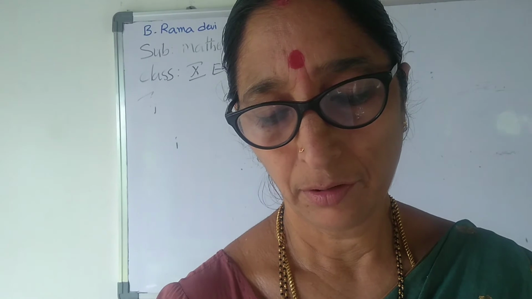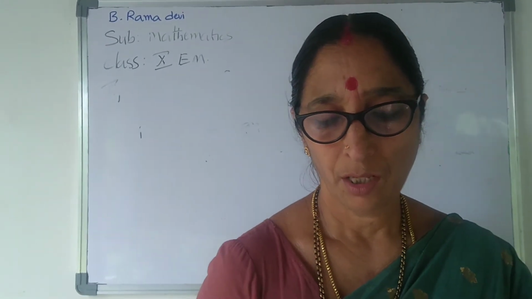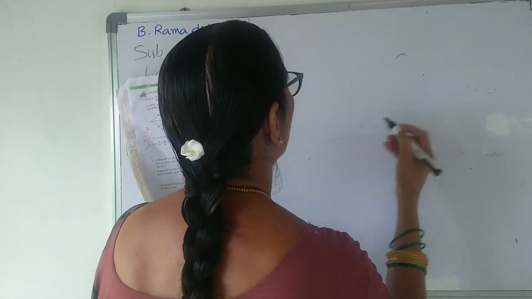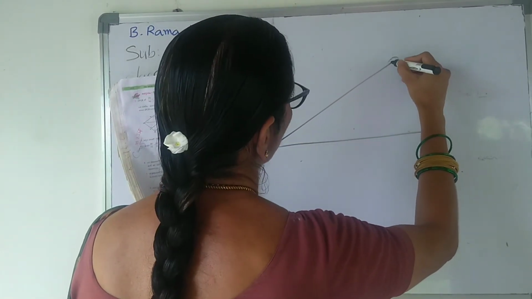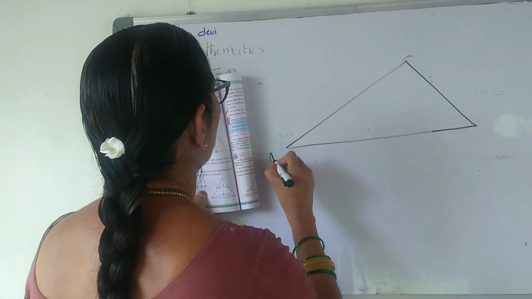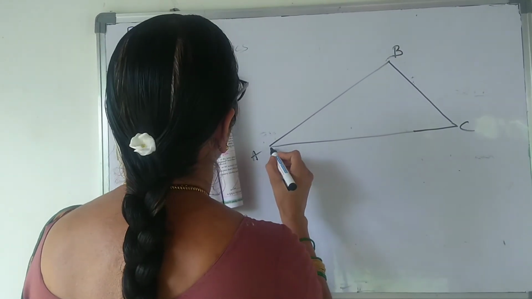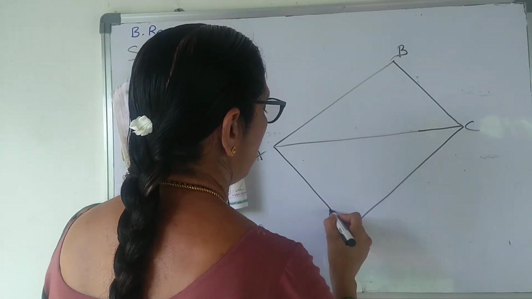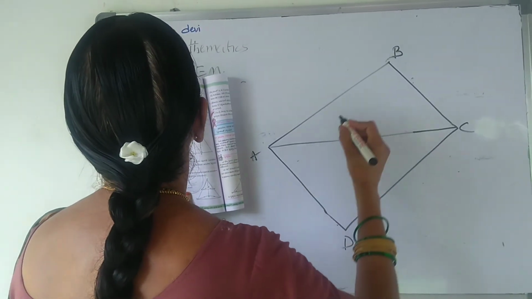In the figure, there are 4 triangles. First, you have to look at the triangle ABC, and then ADC.